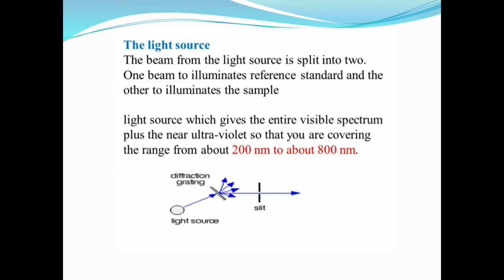In this diagram, the light source is split into two parts by using the slit. This slit gives a narrow flow of light. Its range is 200 nanometers to 800 nanometers, near the ultraviolet region.